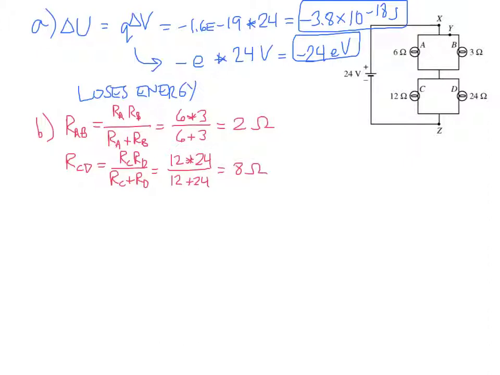And then since the equivalent RAB is in series with the equivalent RCD, we can just add those together. So the equivalent resistance of the entire circuit is 2 plus 8, or 10 ohms.